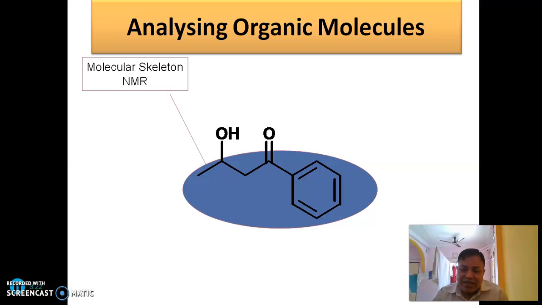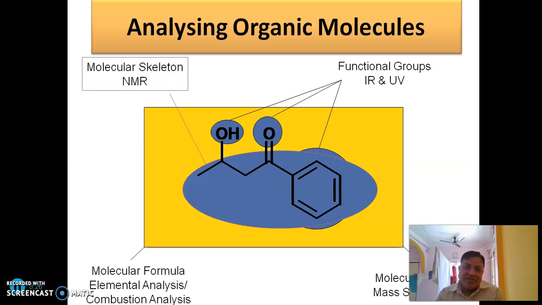All this information about a molecule we combine, and we are able to answer what our unknown compound is.